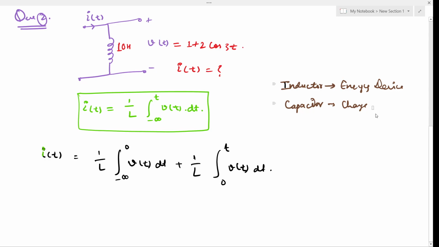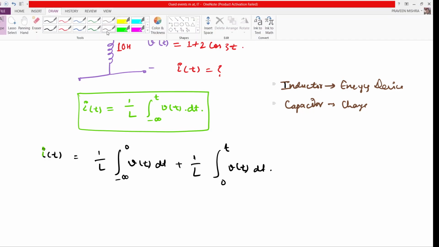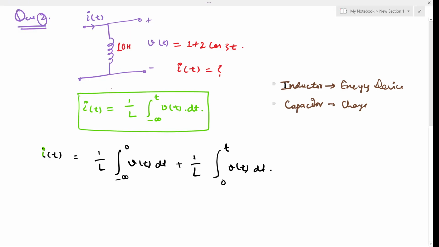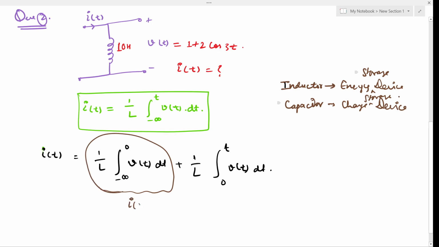Charge storage device, energy storage. Okay, so this is nothing but i of 0 minus, because it will store the charge.